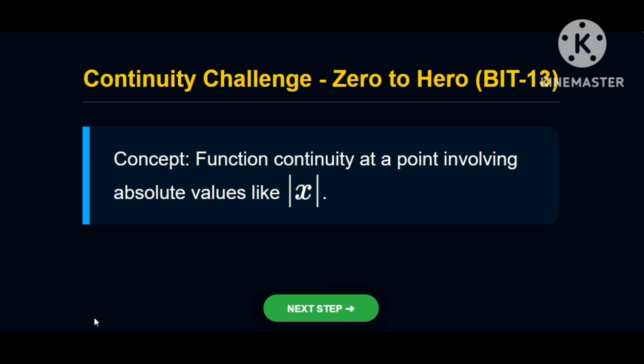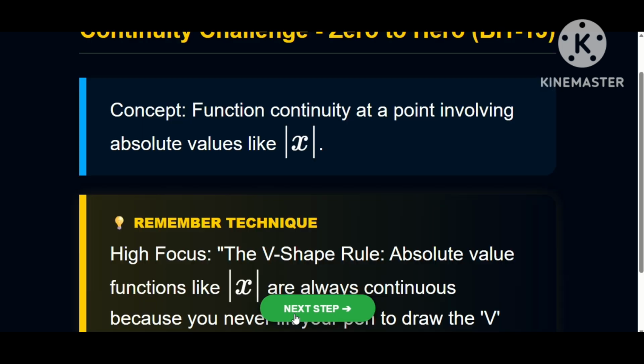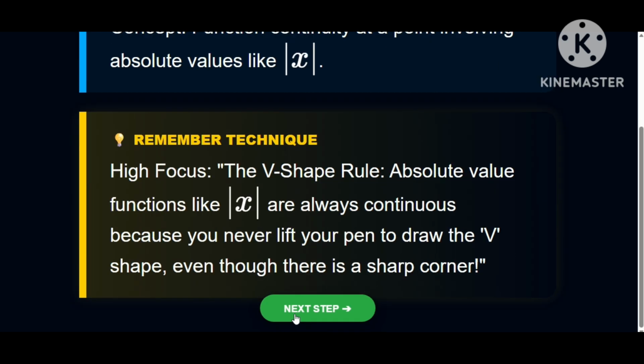A math challenge on continuity. Let's do the problem. It's a continuity challenge, Zero to Hero series. Concept: continuity of a function at a point involving absolute value, like mod x.